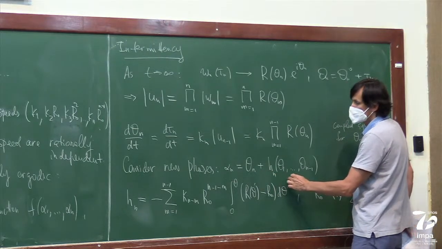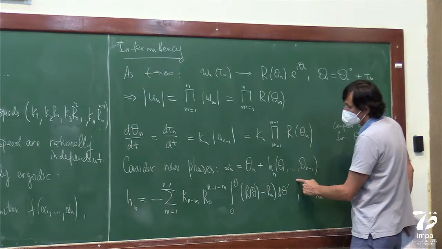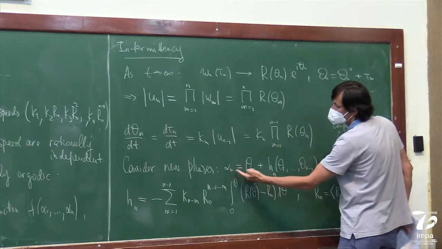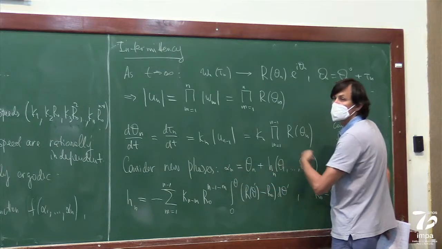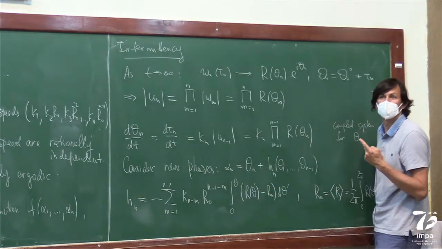But the determinant of this transformation, you see, alpha n is theta n plus a function of the previous ones, which means that the Jacobian determinant of this transformation is 1, right?